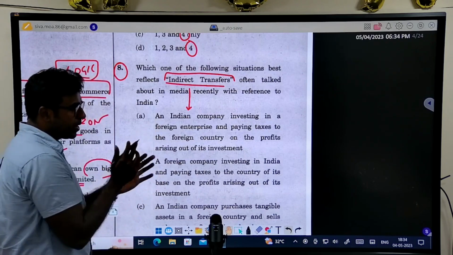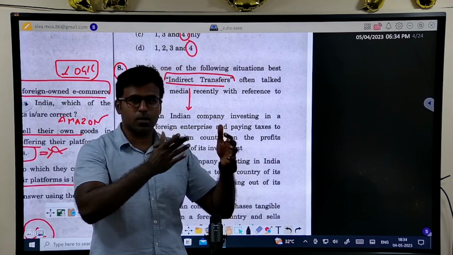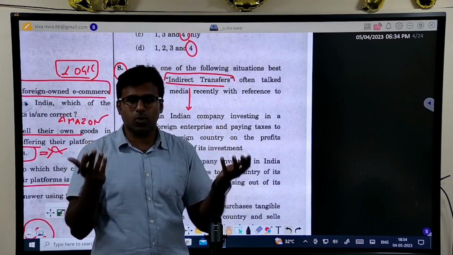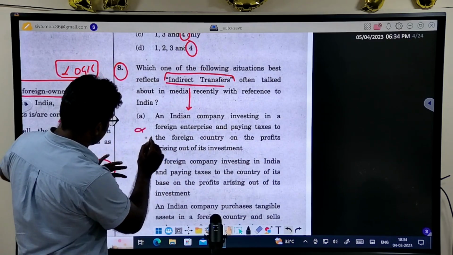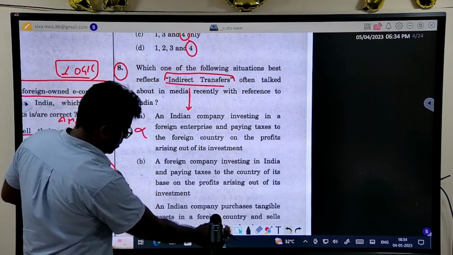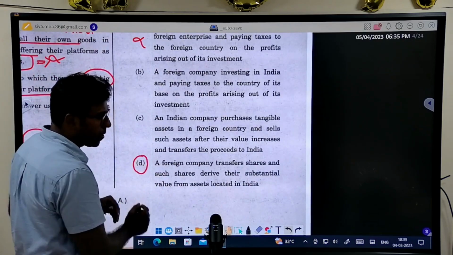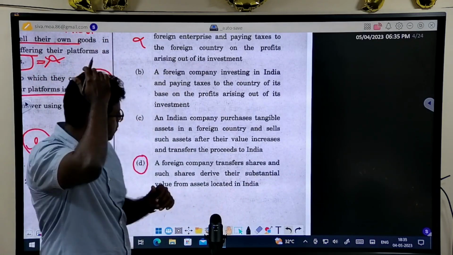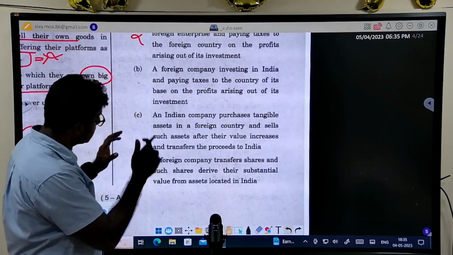Indirect transfer means somehow you are transferring behind the scene. That is what is indirect. It's not direct. So this will not come or something like that. Yeah. But this question I was not sure. Answer they have given here, but I was not sure. So if I had written this question, maybe I would not have attempted this question.